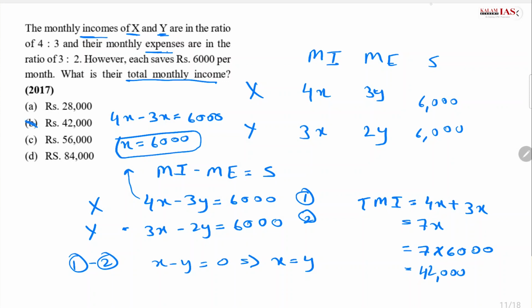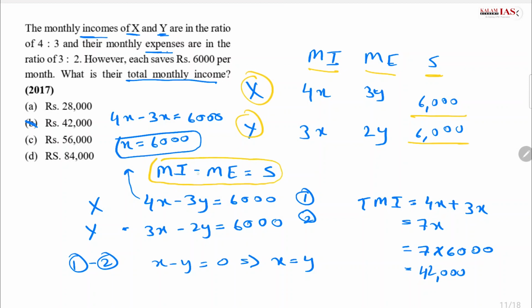I'll just have a small recap for this question. Three details are given for two people X and Y: monthly income, monthly expenses and savings. Monthly incomes are in the ratio 4:3, monthly expenses 3:2, and savings for both people is the same, 6,000. We simply make a relation: whatever is income minus whatever is the expenses will be the savings of the person.